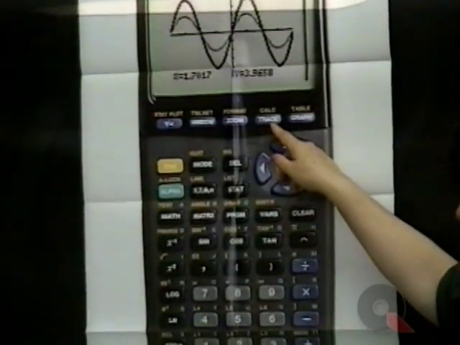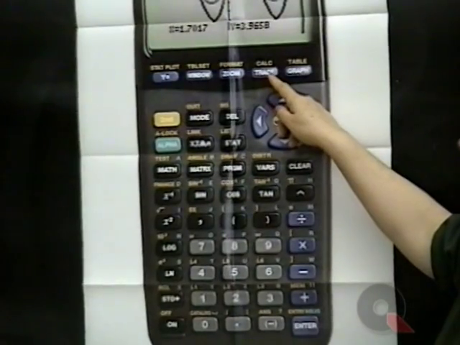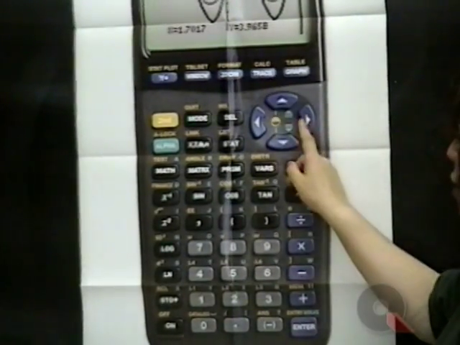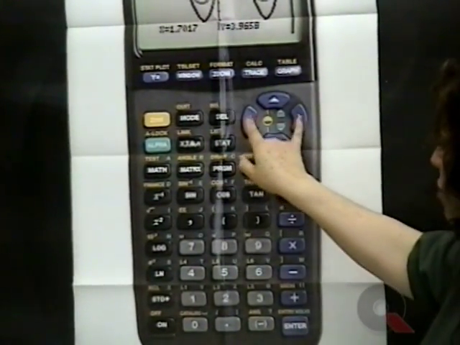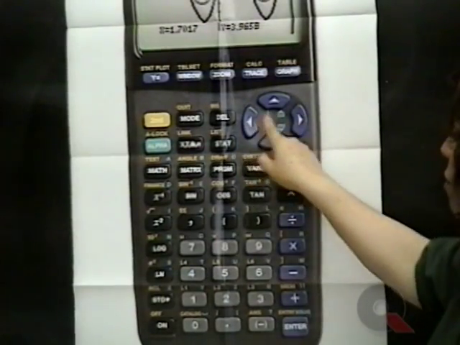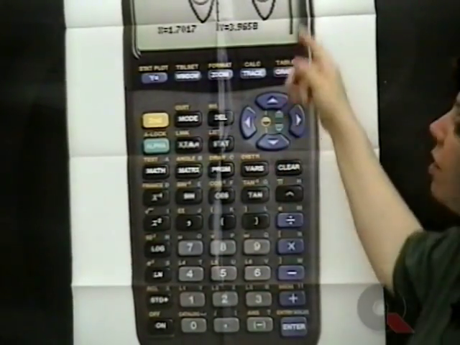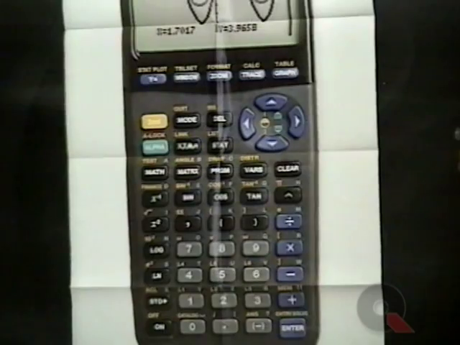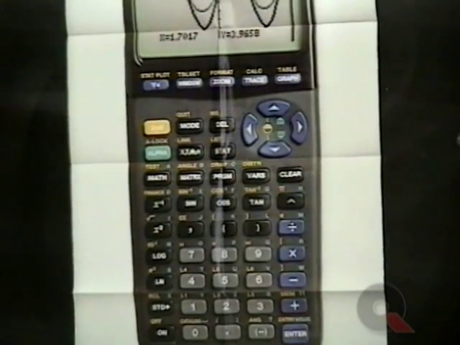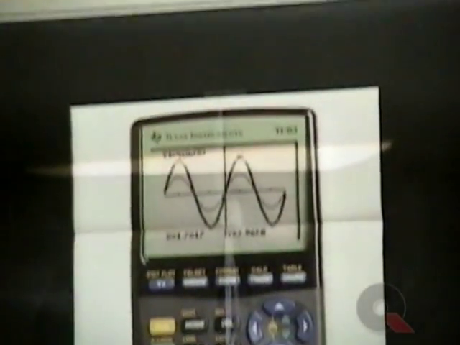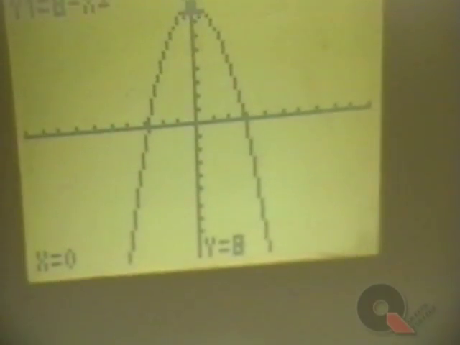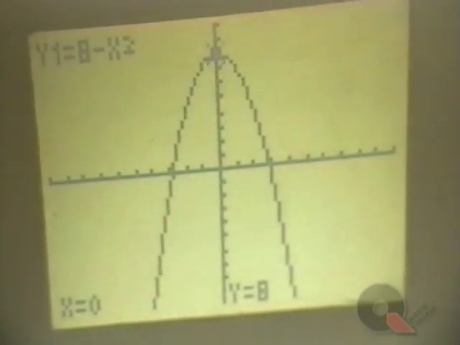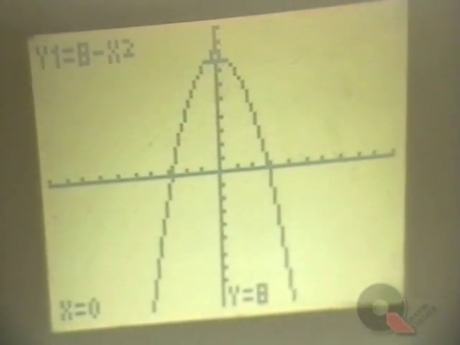Now, I hit the trace button, and it's flashing that I'm at 0, 8. By using the arrows to the left and the right, I am going to be able to move my cursor and generate various points on the calculator. Now I'm hitting the arrow to the right.